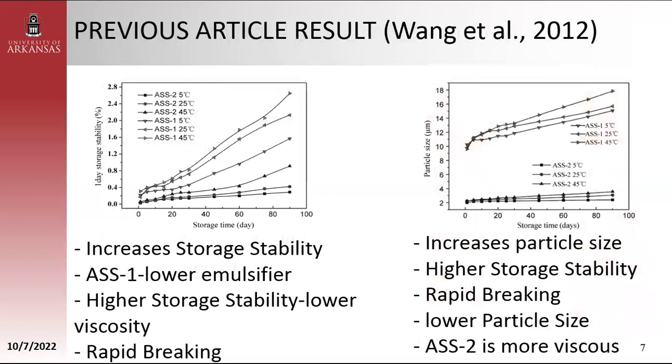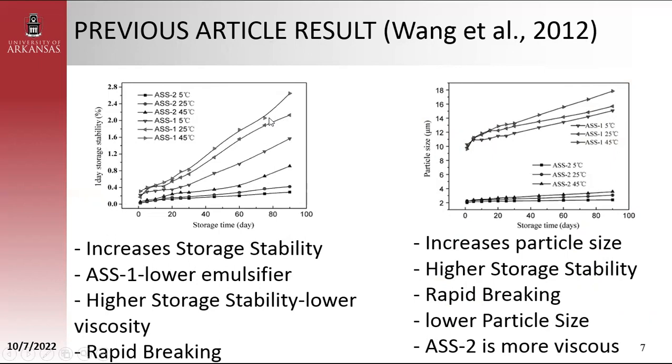Based on the previous research, there are two types of asphalt emulsion: ASS1 and ASS2. ASS1 has a little bit lower emulsifier dose, and ASS2 has a little bit higher emulsifier dose. From the graph, we can see that a higher emulsifier dose gives less storage stability, but if the emulsifier dosage is lower, the storage stability is higher.